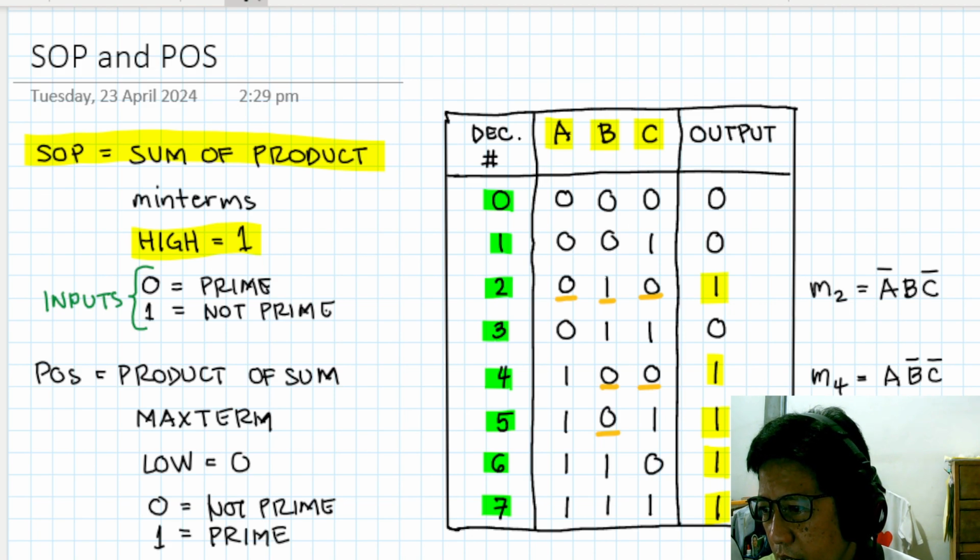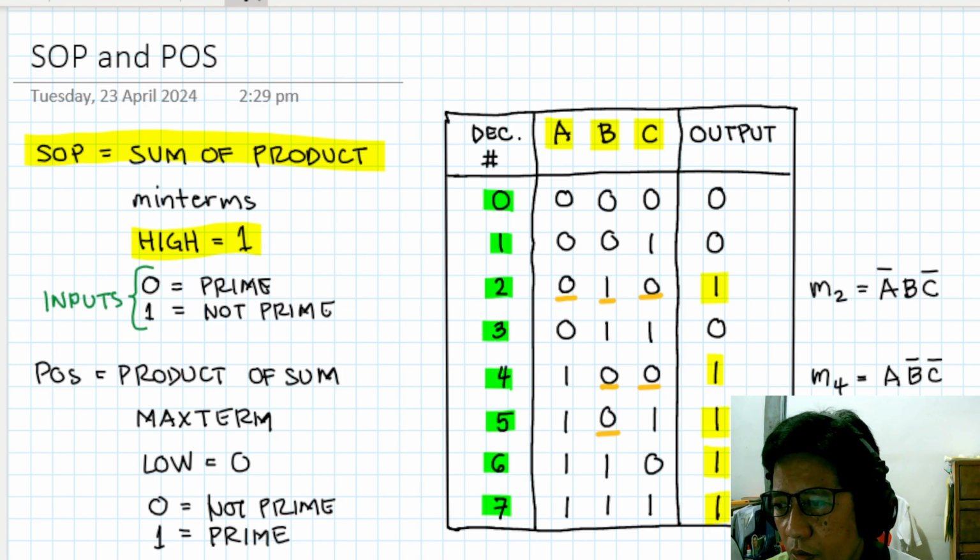So we will set the B as prime and the A and C are set to not prime. So for M6, only the C input is prime, and for M7, there is no prime because all of the inputs are set to 1.